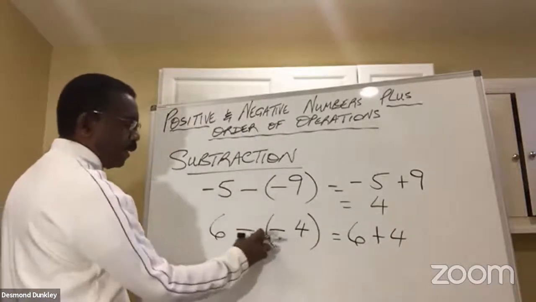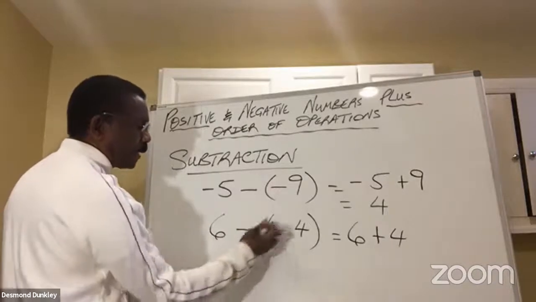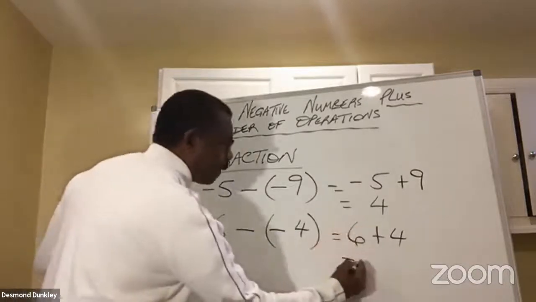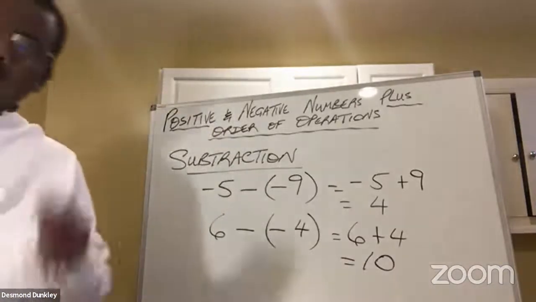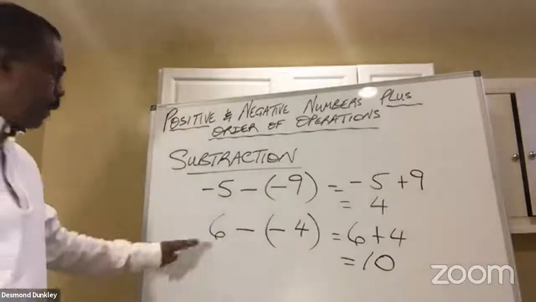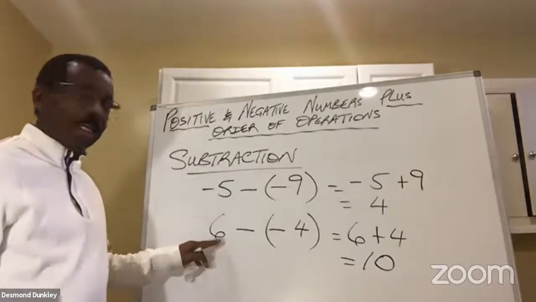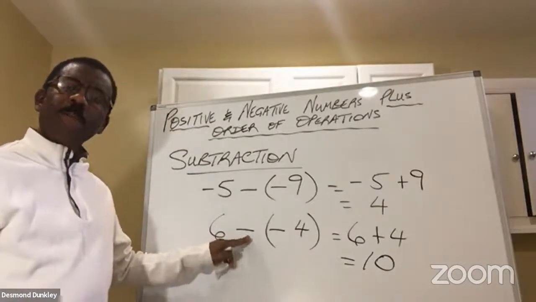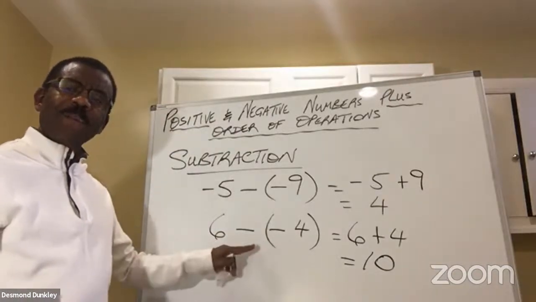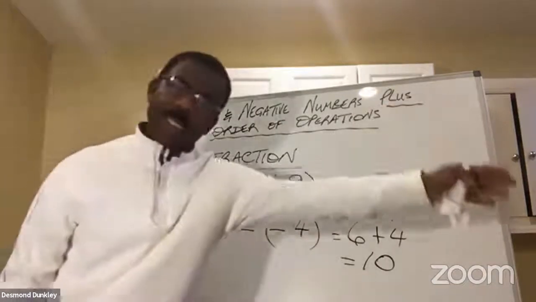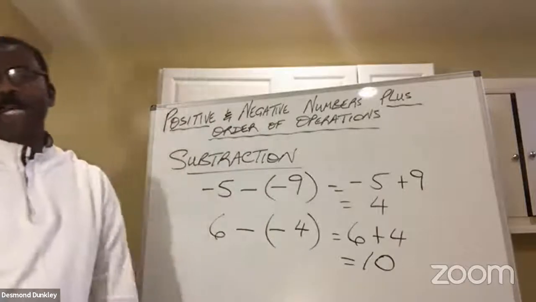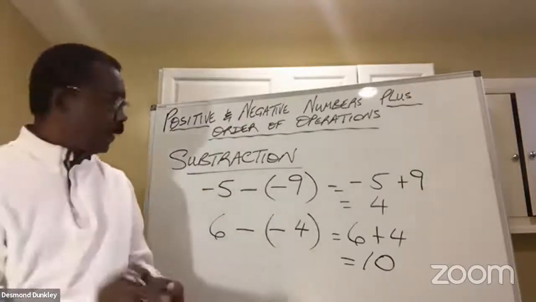Minus, the opposite of -4 is +4, gives us 10. Again, just reasoning it out. You're going 6 forward, and then you're doing the opposite of going 4 backwards. So it's going 4 forward. So 6 forward, then 4 forward, 10 forward. Total of 10. Okay?